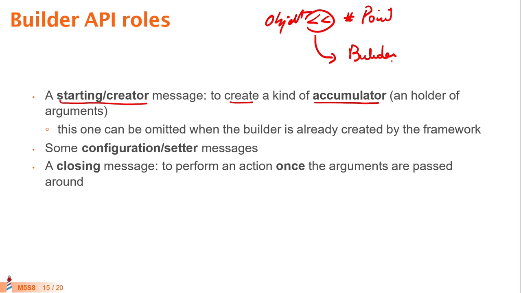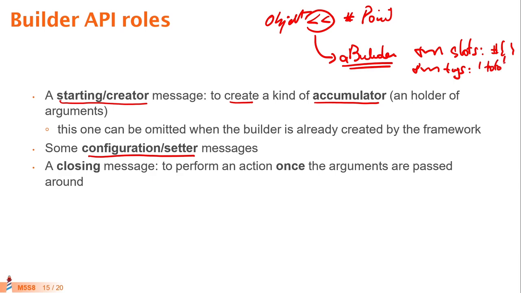This is an object that will be able to be configured via the other messages. The other messages that we have here, the configuration setters, are like slots, for example. Oh yes, I have the message slot and I can specify something. It will configure the instance of the builder with different values. If I send a message tag, for example, I say, okay, this class is in the tag. So the builder is configured.